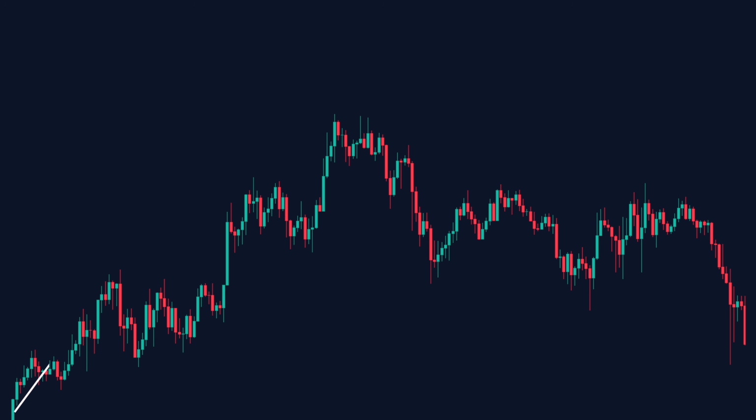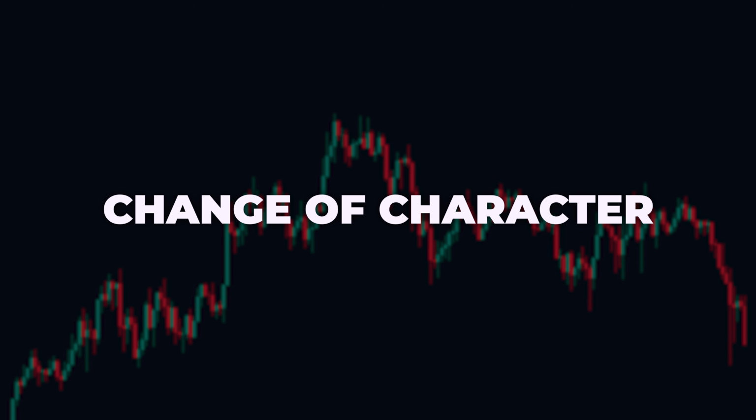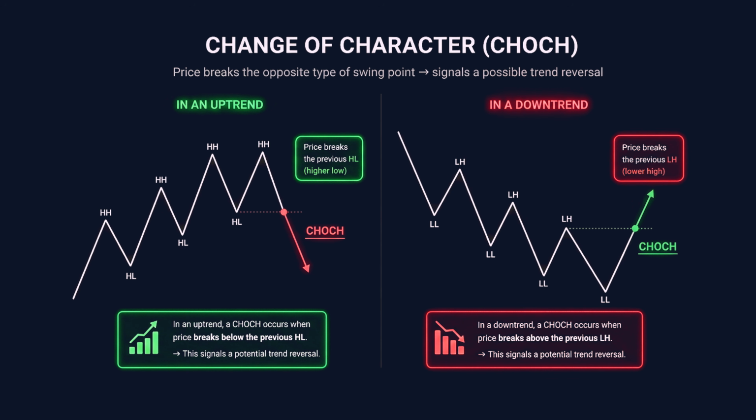Now, what happens when price suddenly breaks structure in the opposite direction? That's called a change of character. A change of character occurs when price breaks the structure against the current trend, often signaling a reversal.